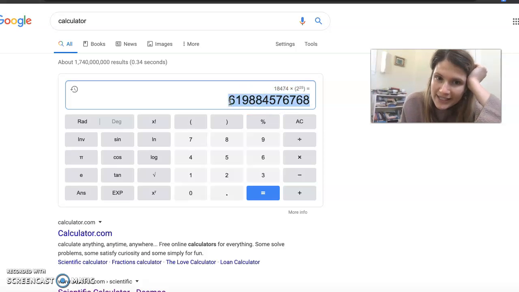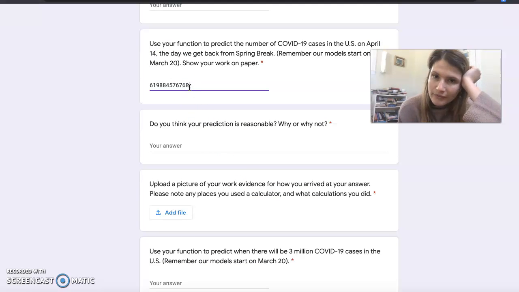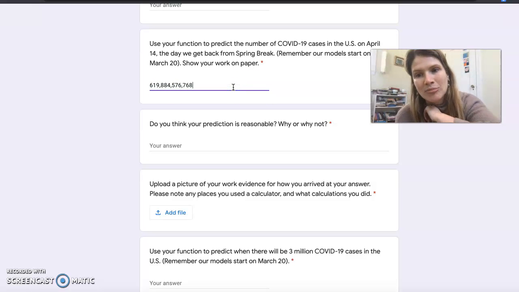I would just copy and paste it into the cooldown, and that would be your answer. You can put the commas every 3 numbers. So essentially it's going to be 619,884,576,768. And that would be our prediction for the number of cases on April 14th.